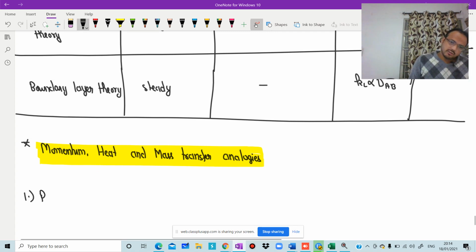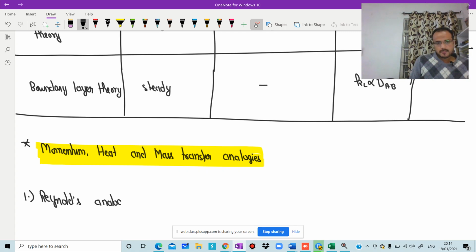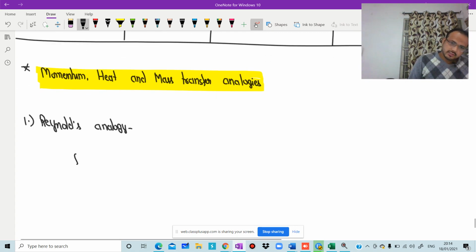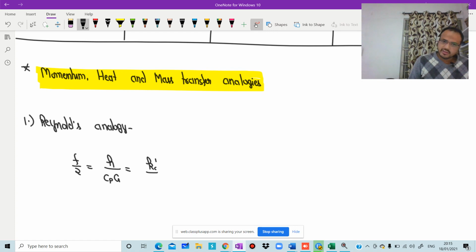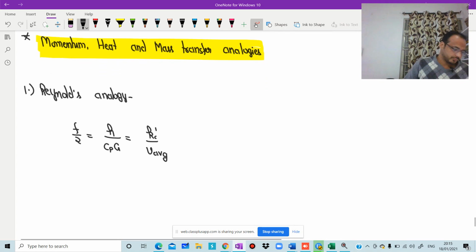First, write down the Reynolds analogy. According to this one, f by 2 is equal to h by Cp into G is equal to Kc prime by V average or U infinity. And this is nothing but the Stanton number. It is the Stanton number in mass transfer, and it is the Stanton number in heat transfer.